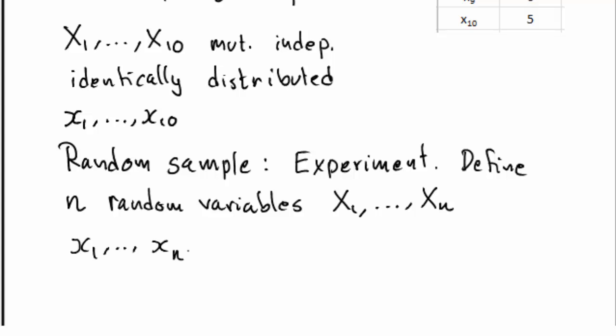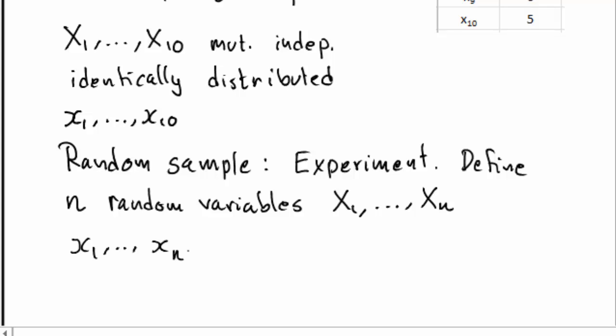For example, we might be interested in figuring out the expected values of these random variables, or I could have a random sample consisting of n observations on an x variable and n observations on a y variable, and I might be interested in the relationship between the x and the y variables.